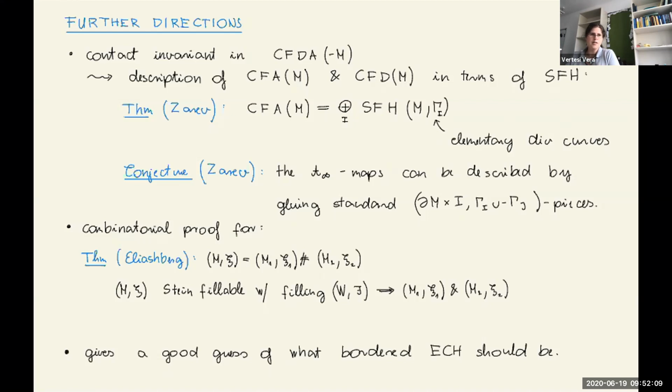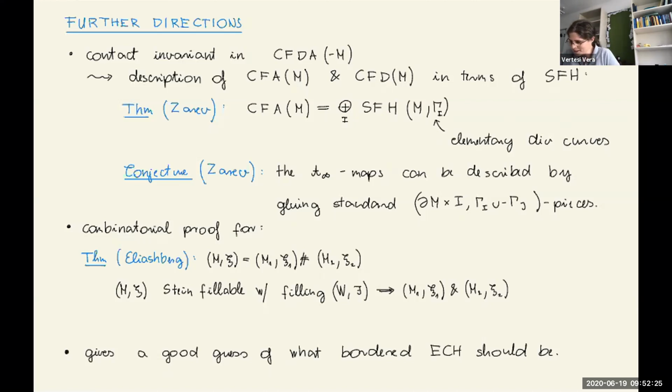Okay, his argument uses holomorphic curve techniques, and my argument is going to use graphs and nothing more. And I think this is a feature, but people can argue on that.